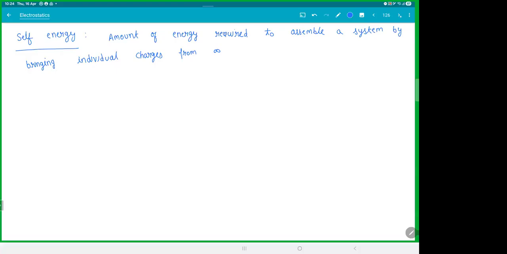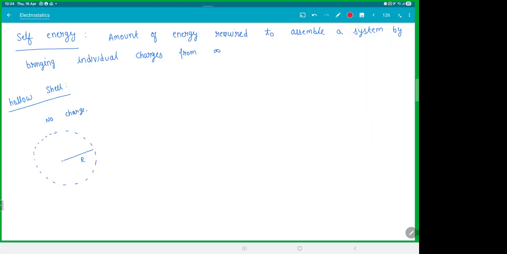So let's find the self energy for a hollow shell. Look at the definition. You want to construct a hollow shell by bringing little charges from infinity. So this dotted line is the place where I want to create a hollow shell. Initially there was no charge. We have a radius r and there is initially no charge.